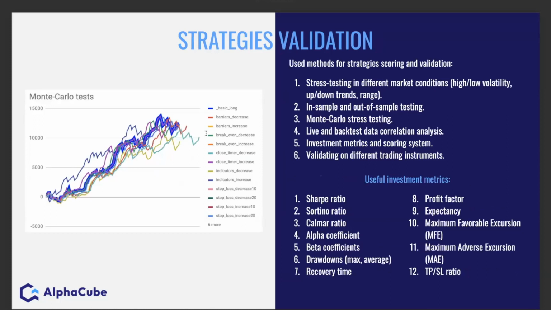What methods can I definitely recommend for strategy validation, to remove overfitting and improve the efficiency of strategies? Different stress tests on different markets. In-sample and out-of-sample testing is simple, but you definitely need to do it.